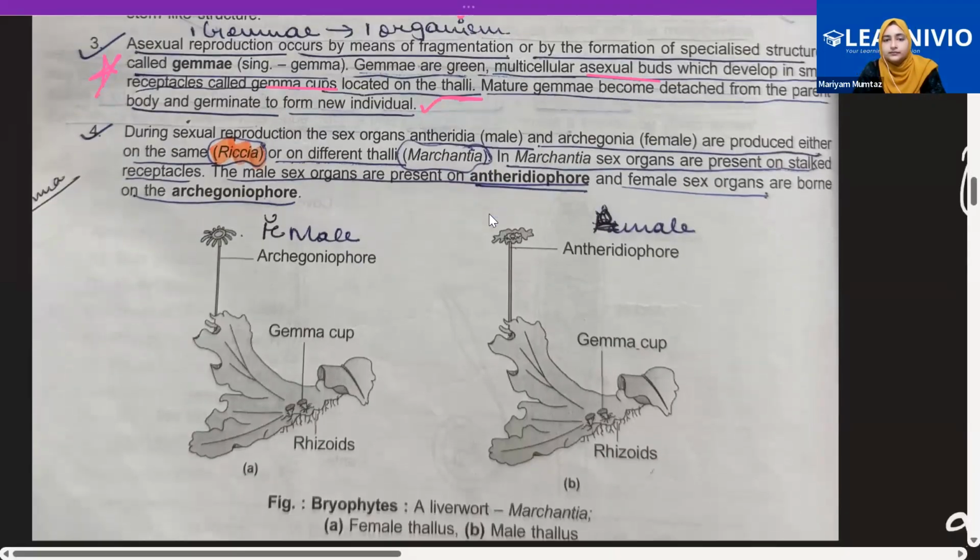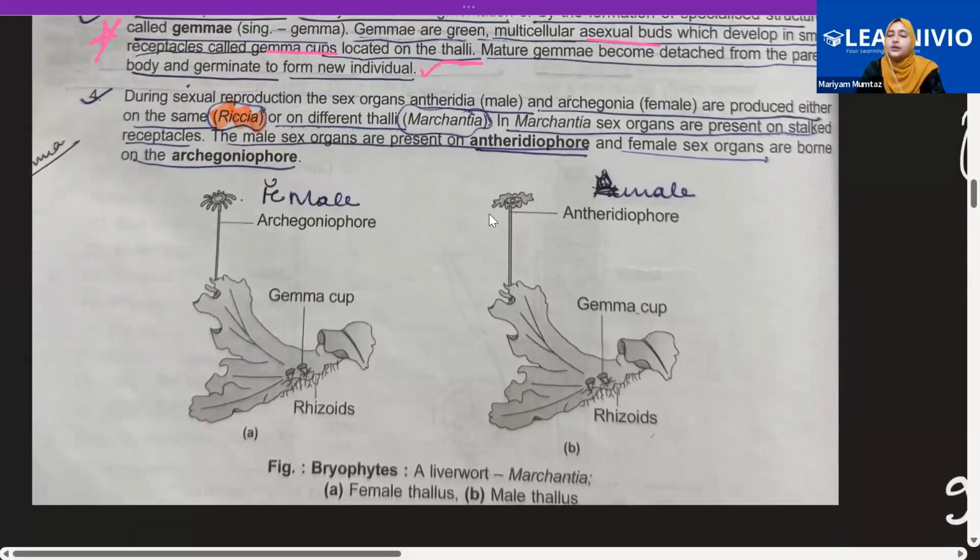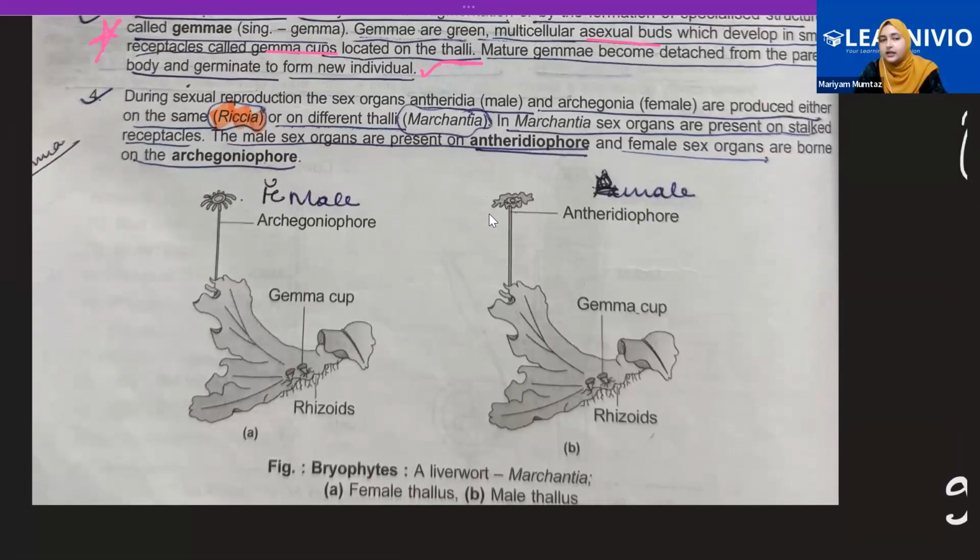Yes, ma'am. Now, see, this was the asexual reproduction as far as the liverworts were concerned. Now, sexual reproduction, you already know that there is the presence of male sex organ and the female sex organ. So, antheridia is the male sex organ and archegonia is the female sex organ.